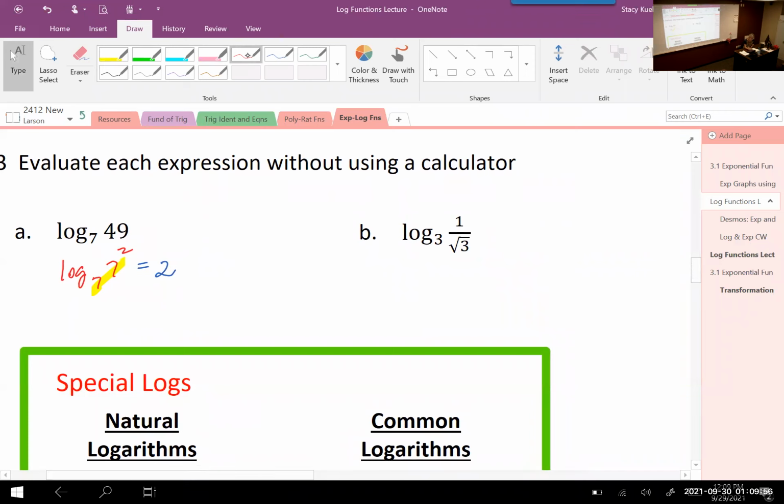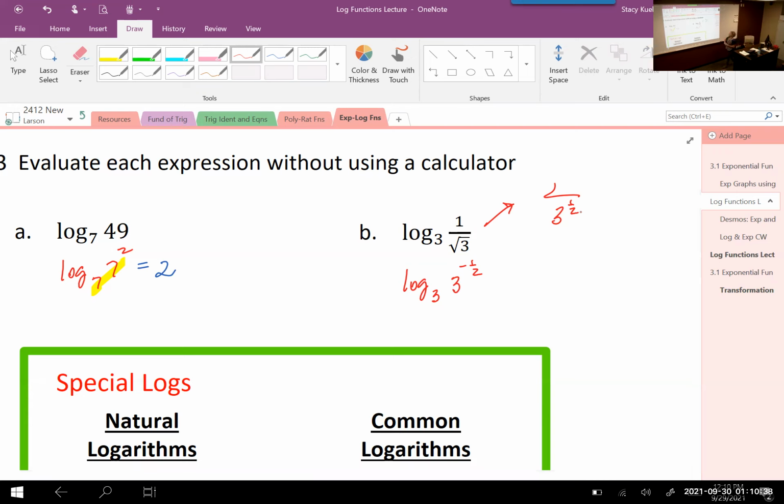Okay, let's try that again. For this next one, I have log base 3 of 1 over the square root of 3. Let's rewrite this in its exponential form. This looks like log base 3 of 3 raised to the negative 1/2. Is everybody good with how I got 3 raised to the negative 1/2 there? No? So 1 over the square root of 3 would be 1 over 3 to the 1/2, if I take the square root and rewrite it in its rational form.